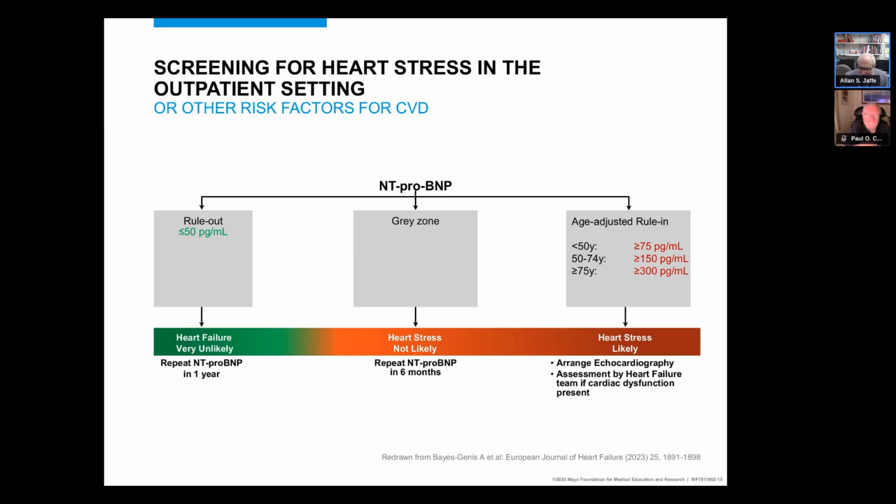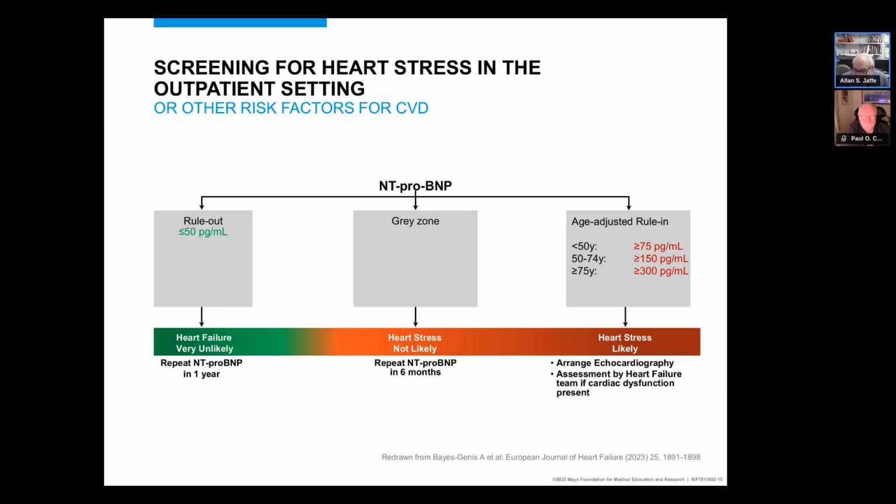Where it gets more complicated is in the following scenario, where the suggestion is looking for stage B heart failure, one should get an NT-pro value and consider a rule-out value of less than 50 as making heart failure unlikely.